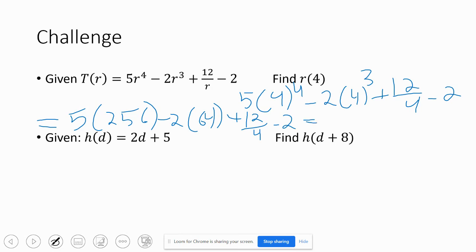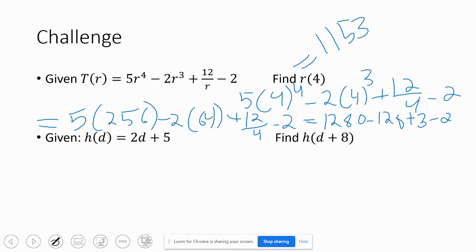Keep on simplifying. 5 times 256 is 1280 minus 128 plus 3 minus 2. 1280 minus 128 plus 3 minus 2. It's a total of 1,153 for R at 4.